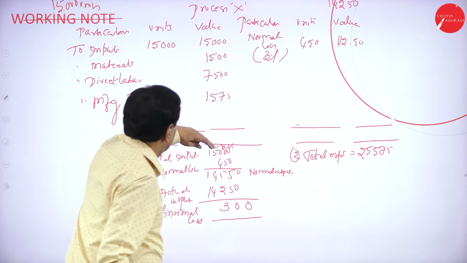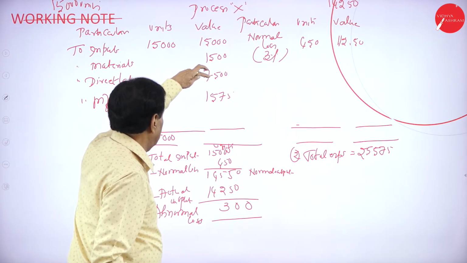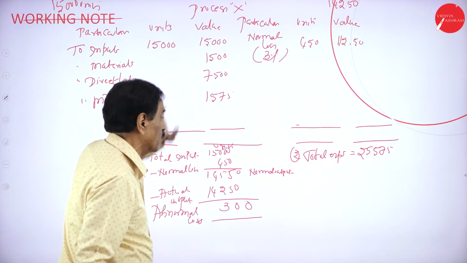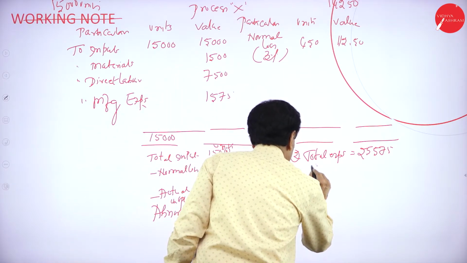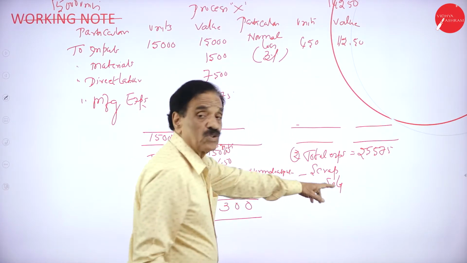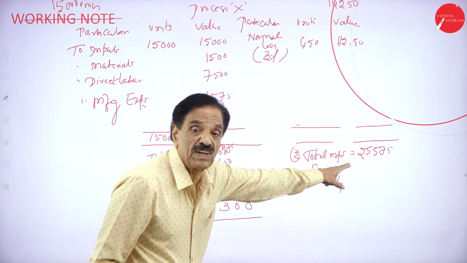Check this. 5 plus 5 is 10, 15, 1 plus 5, 6, 7, 14, 15, 2. Minus scrap sold. The total expenditure is 25,575.